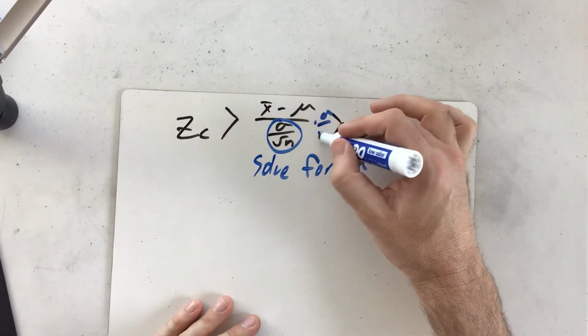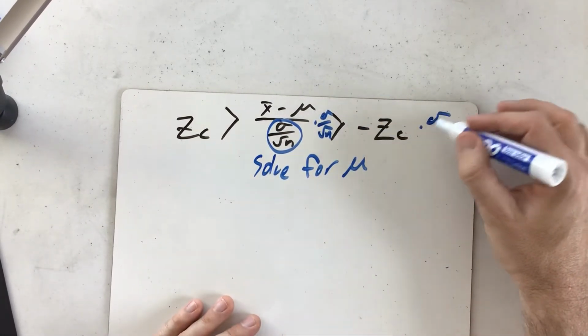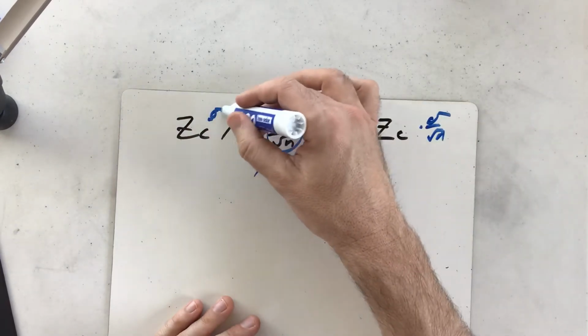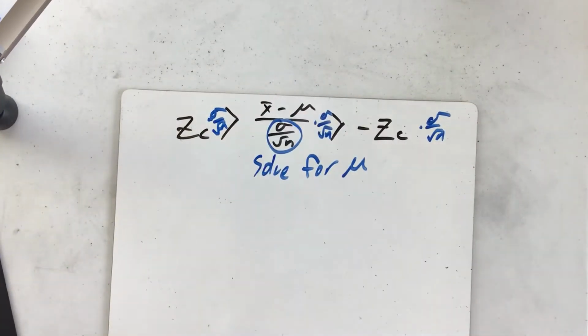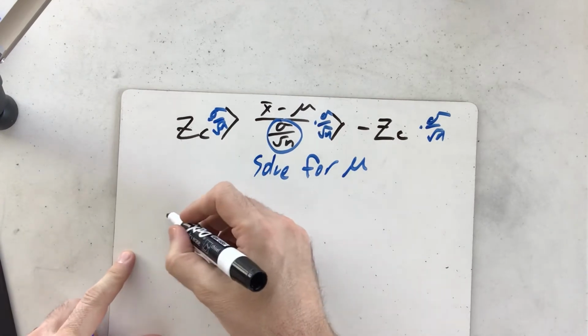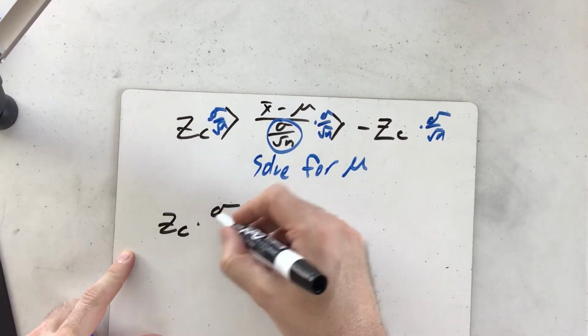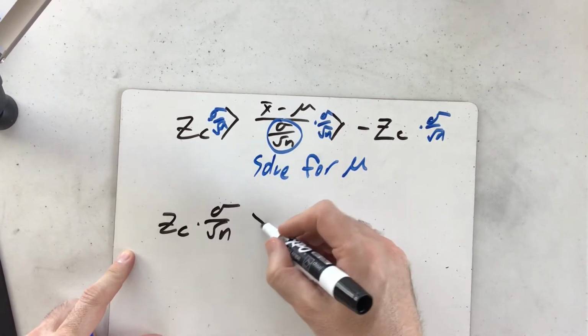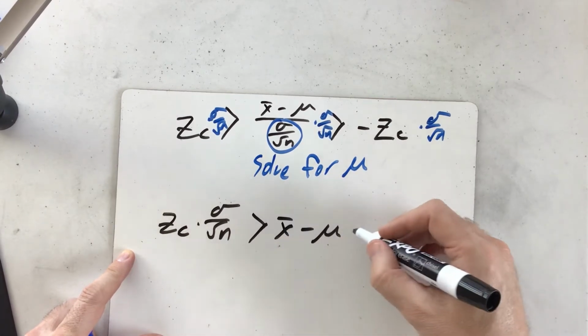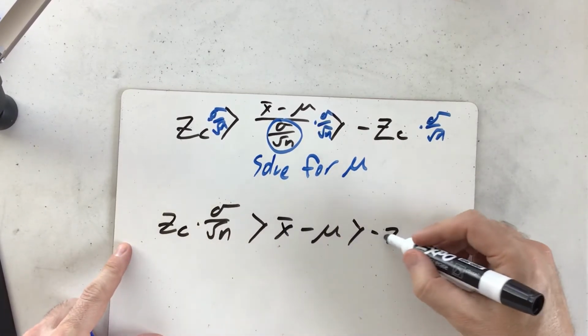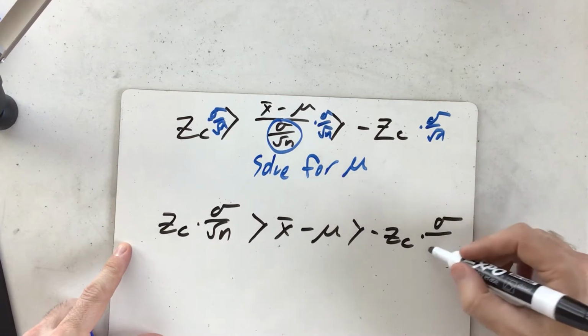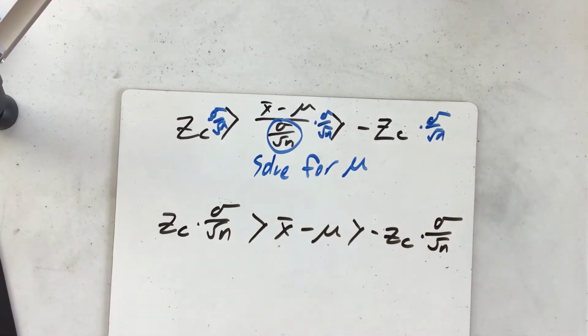So I'm going to multiply by sigma over square root of n, multiply by sigma over square root of n, and multiply by sigma over square root of n. And that's going to give me my first term: ZC times sigma over square root of n is greater than x bar minus mu is greater than negative ZC times sigma over square root of n.